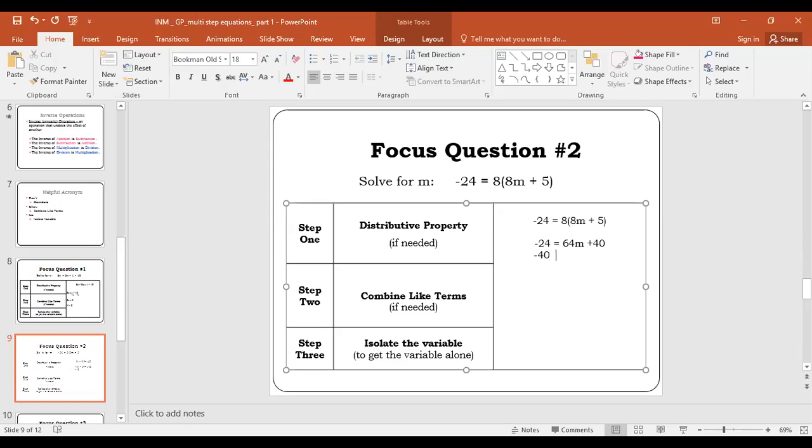It started off looking like it was going to be a pretty big number. See, because now I get rid of this 40 over here. I'm still dealing with numbers on the left side. That's okay.